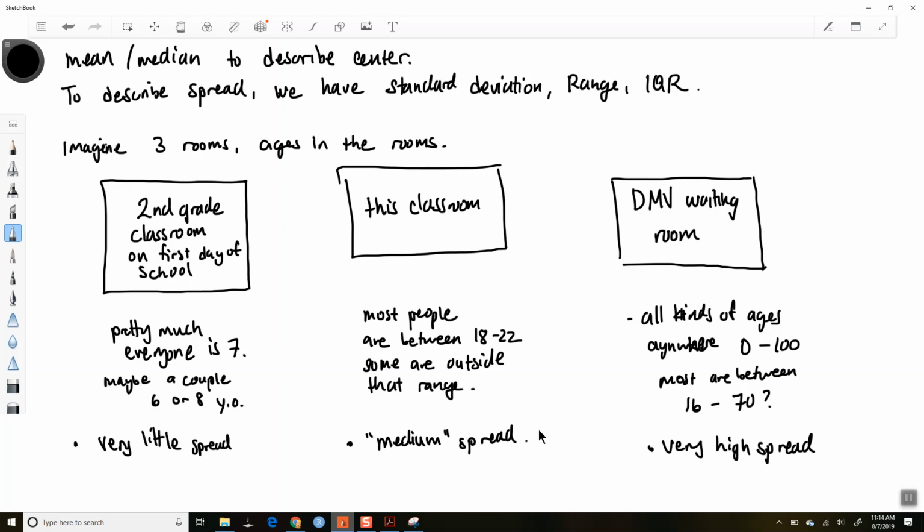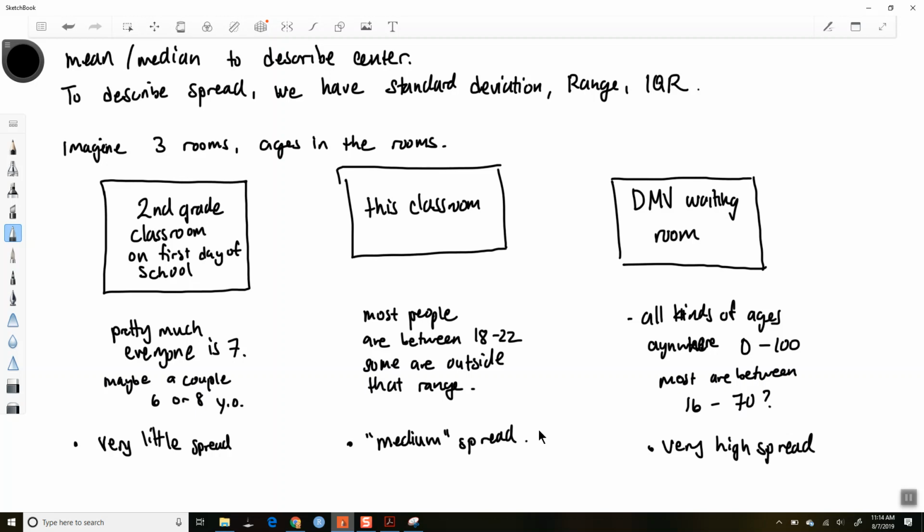I'm just making that up. And we can say the standard deviation of this classroom is 1.2 years, and the standard deviation of the DMV waiting room is 15.6 years, or something like that, okay? We can provide actual numbers that will quantify the amount of spread.